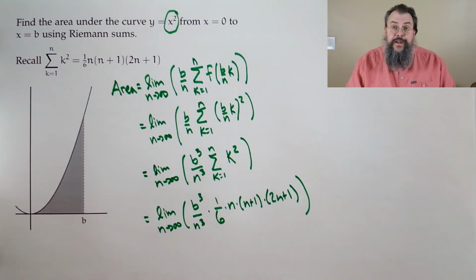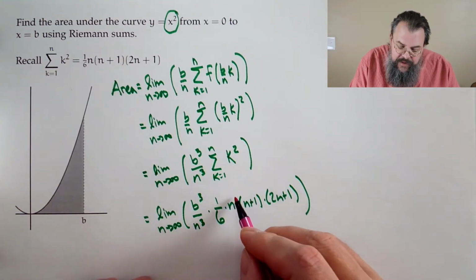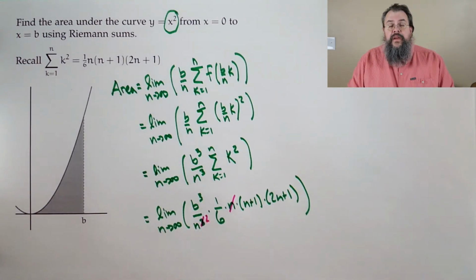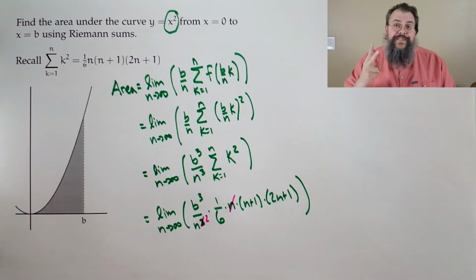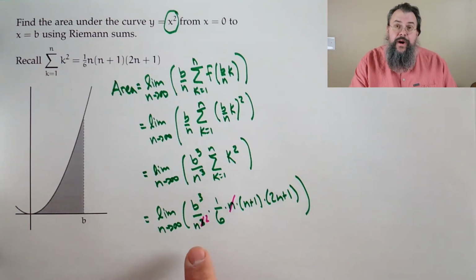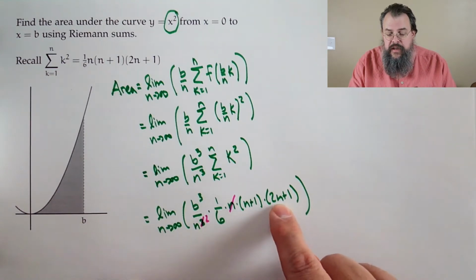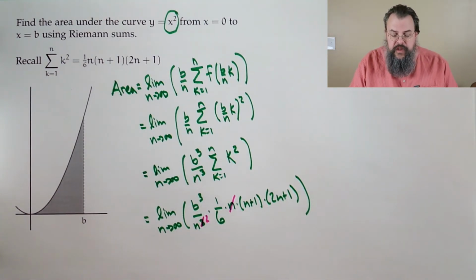And we can do a little bit right away. Notice that there's some n's. So I can take this n upstairs and cancel with 1 downstairs. So what do we have? Well, we have 2 n's downstairs, because that's an n squared. We can split it between these two pieces, the n plus 1 and the 2n plus 1.